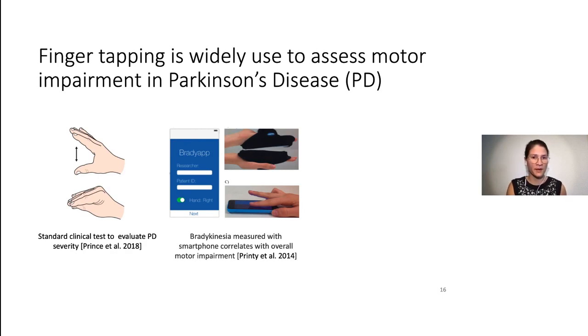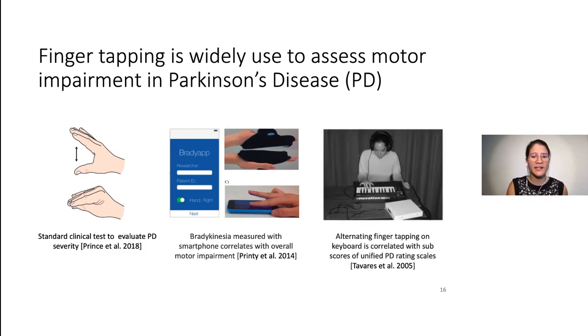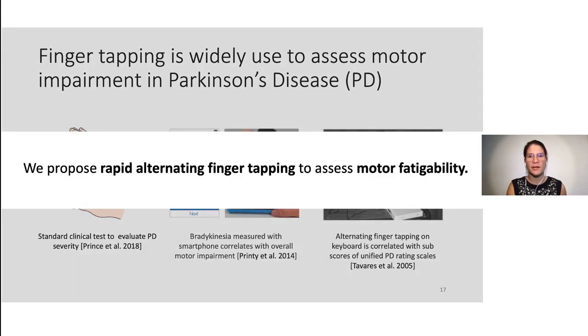Bradykinesia is a symptom of Parkinson's disease. Similarly, alternating finger tapping on a keyboard is correlated to subscores of the Unified Parkinson's Disease Rating Scale. So we propose to use rapid alternating finger tapping to assess motor fatigability.